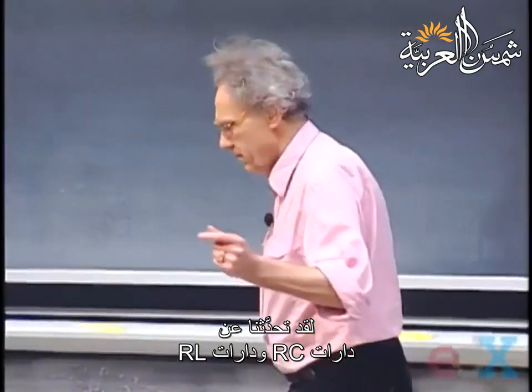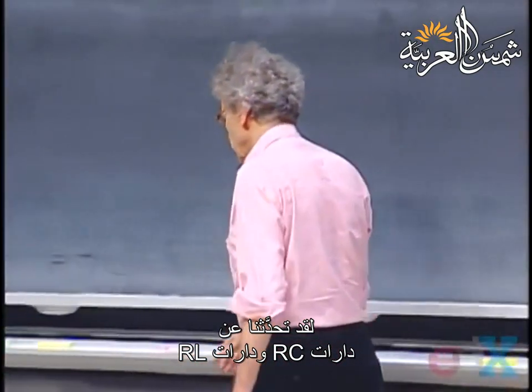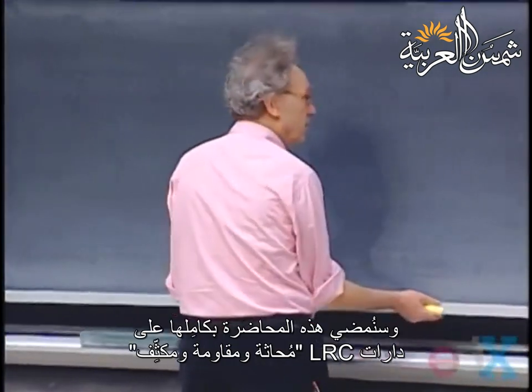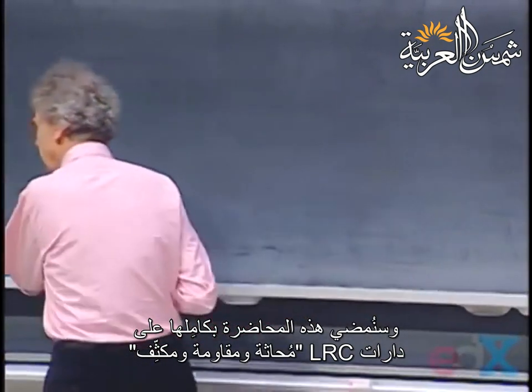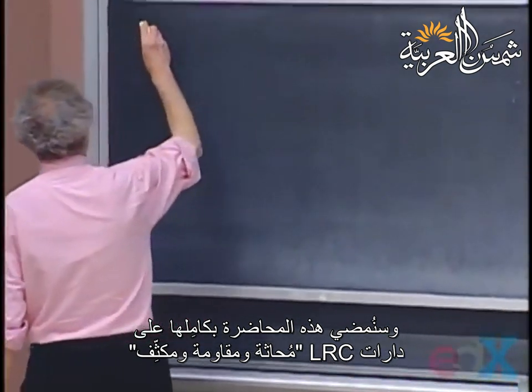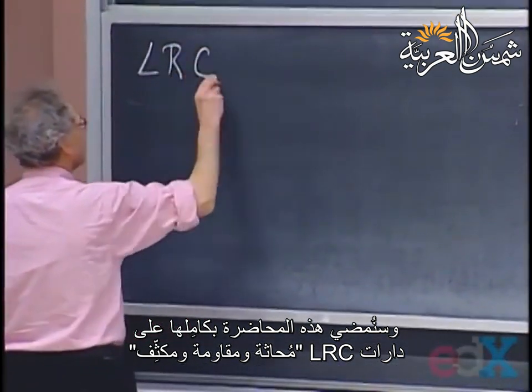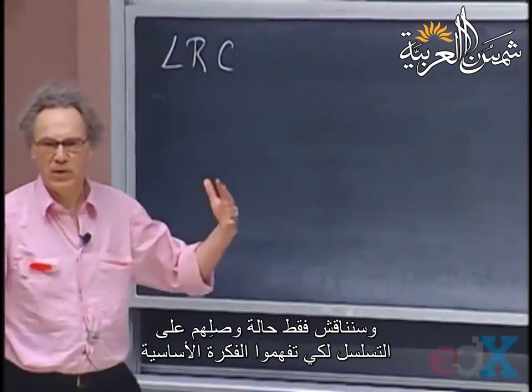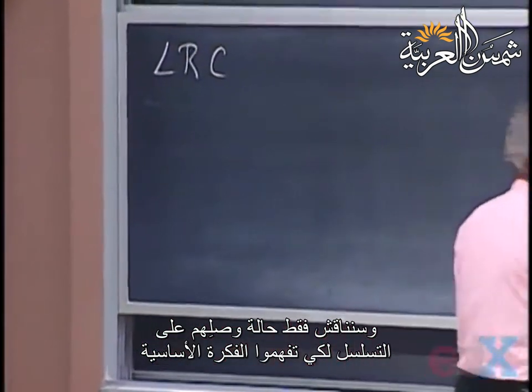So we have covered RC circuits and RL circuits, and today we will spend the entire lecture on LRC circuits. We'll only discuss them in series so that you get the basic idea.